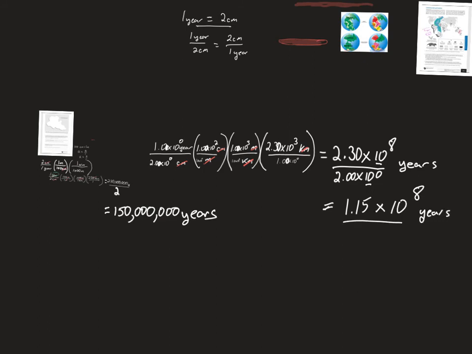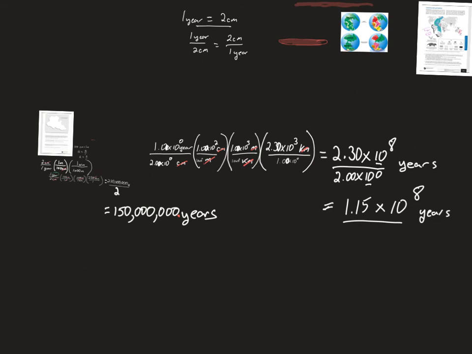Now, how many decimal places do you see in 115 million years? Well, if I moved the decimal all the way to where there's only one digit to the left of the decimal, it would be 1, 2, 3, 4, 5.